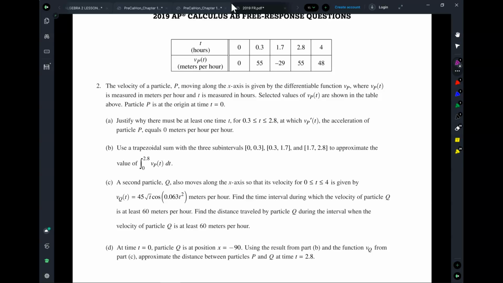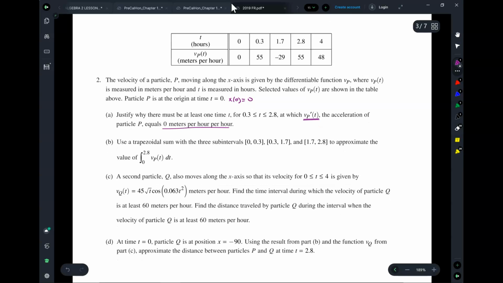So x of 0 is 0. The position is at 0. Justify why there must be at least one time for which V prime of t, the acceleration of the particle, equals 0 meters per hour.